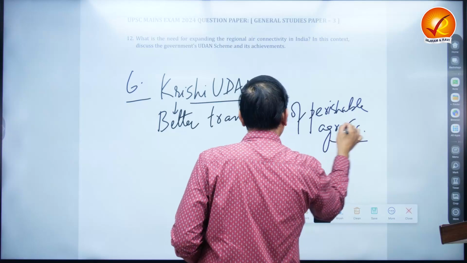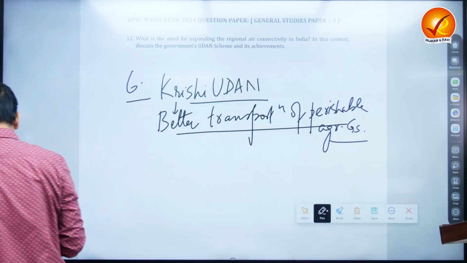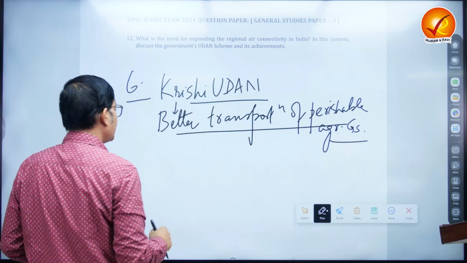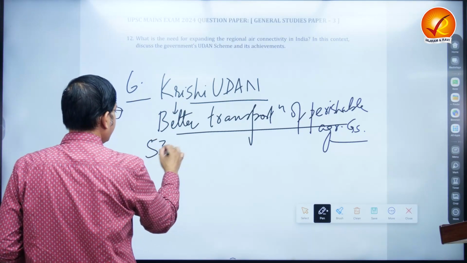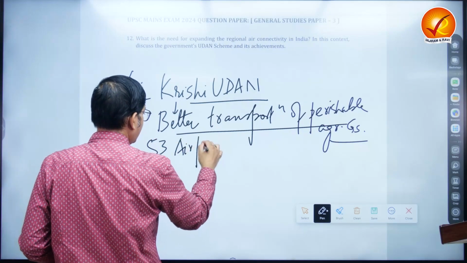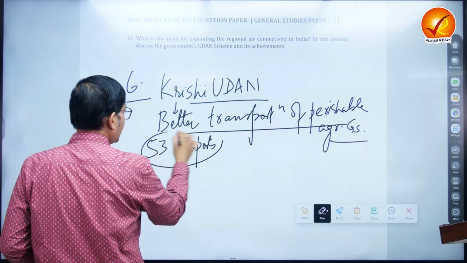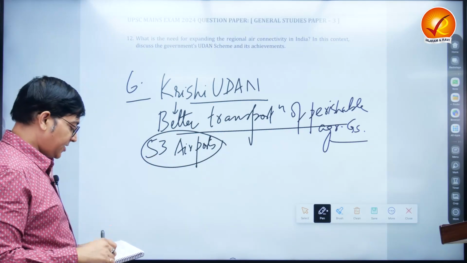So some unique routes have been taken up where the perishable goods are transferred. So there are about 53 airports which have been selected for transporting perishable goods under the Krishi Udan.